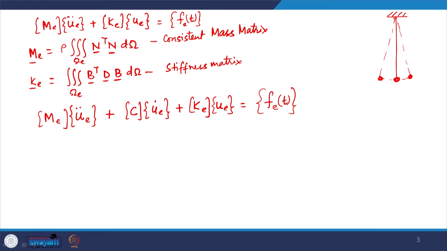So, this term is of course the loss mechanism, viscous damping, to model energy dissipation.